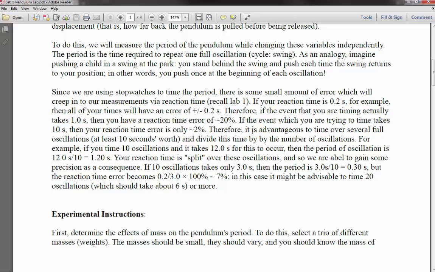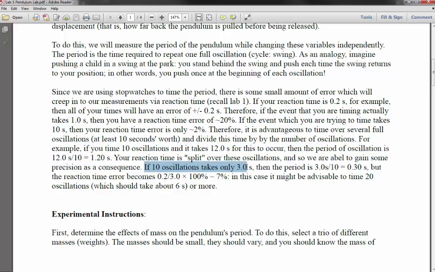And so you're trying to minimize the effect of this reaction time. And then it basically says it's advantageous to time over several full oscillations, at least 10 seconds worth, and divide this time by the number of oscillations. So if you time 10 oscillations and it takes 12 seconds, then the period is 12 seconds divided by 10.